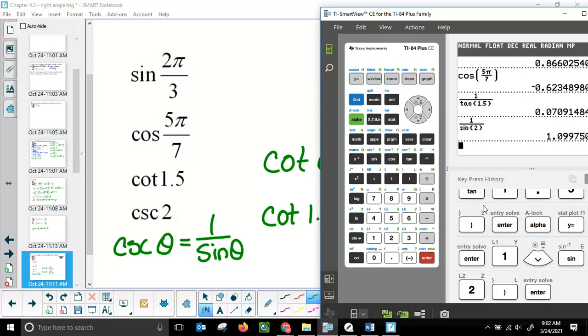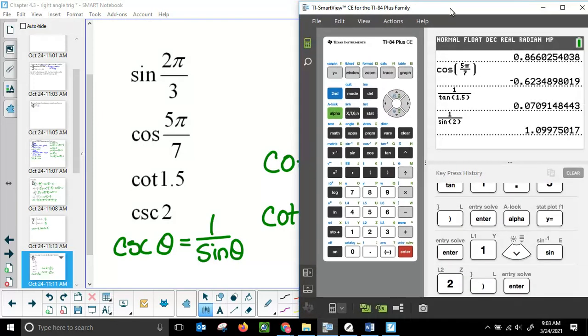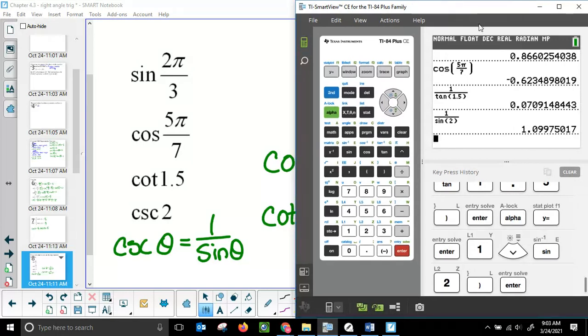It'd be 1.100 if you round it to 3 decimal places. Are we okay with just plugging those into a calculator basically? Yes, no, maybe so? Okay.